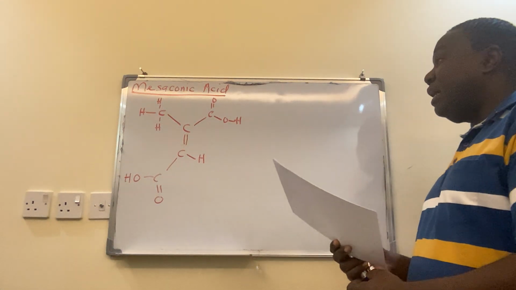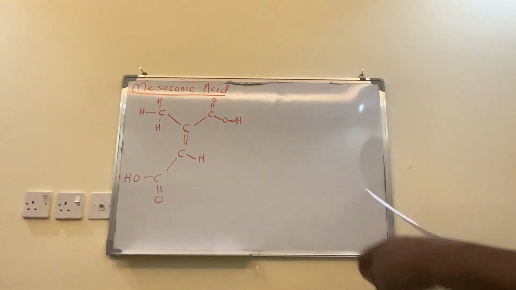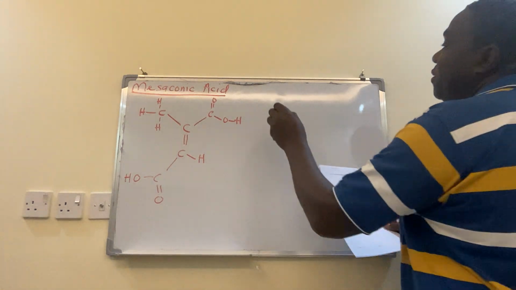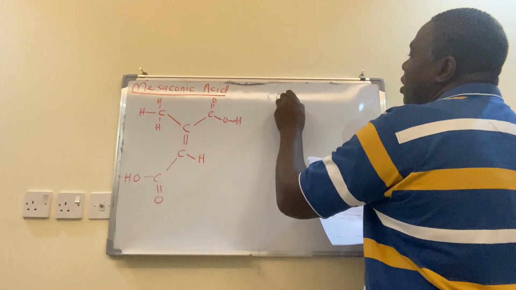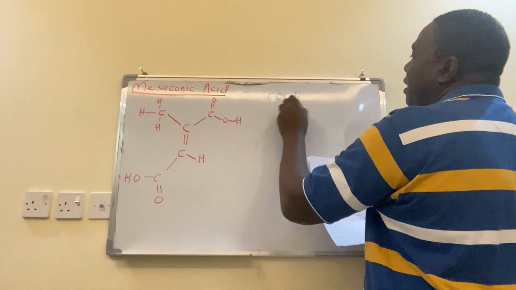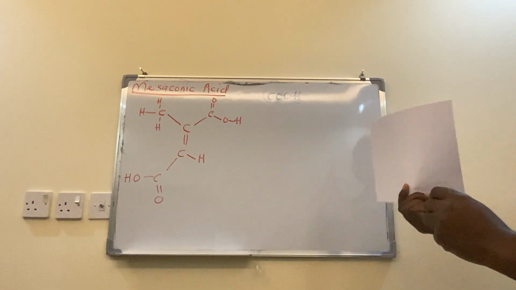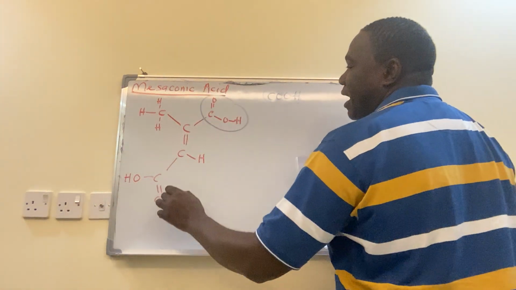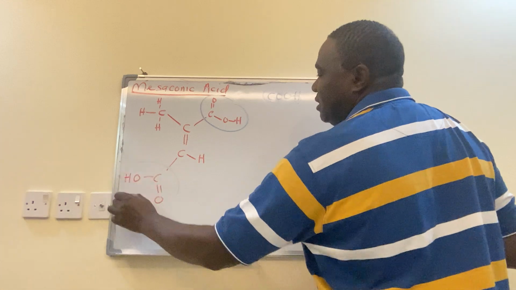The first one was actually asking us to circle the functional group carboxylic acid. And if you still remember, the functional group for carboxylic acid is COOH. If you look at the structure that we are given, we have here COOH, and if you go down here, you also have COOH.